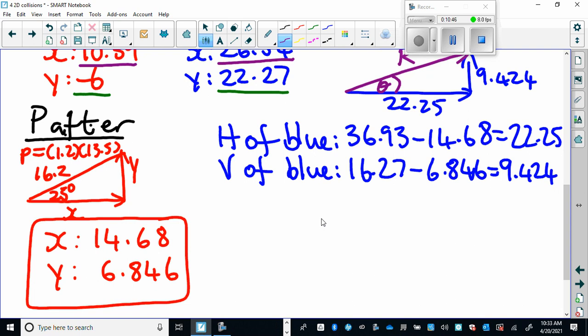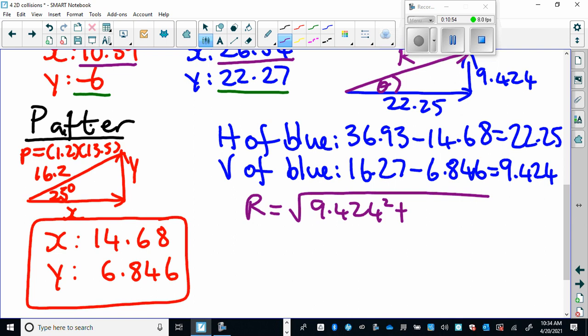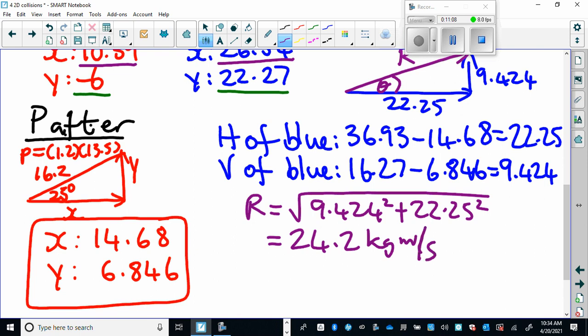So R equals the square root of 9.42 squared plus 22.25 squared. You end up getting an R value, and remember, this is a unit of momentum. I'm actually going to put the units in here so I don't get confused.